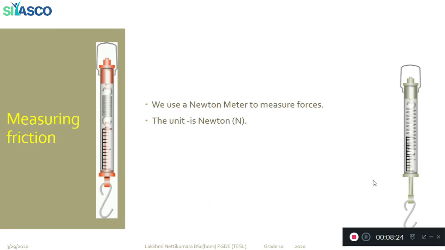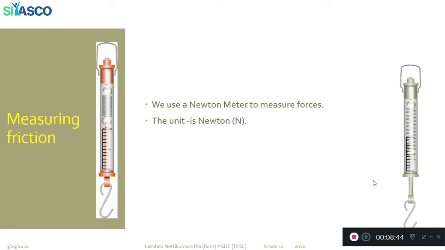As mentioned earlier, I have emphasized several times, friction is a force. So it is understood that this frictional force can also be measured using any appliance that is used to measure force.